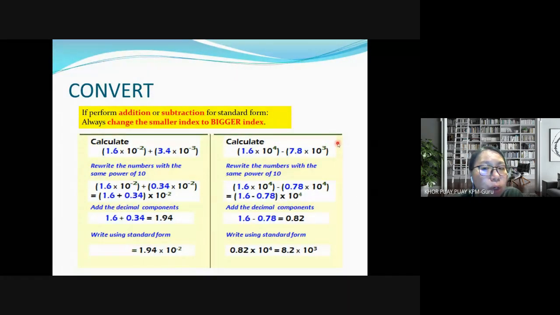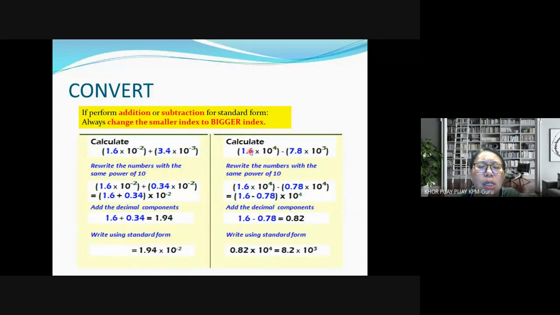So if I plus 1, what do I do? The point here jumps in front 1 step. So when you jump in front, you see it becomes 0.78. And what happens to my index? It becomes 10 power of 4. So once you get your index all the same, then only you can combine or do the operation. If they say plus, you put this number plus this number together.